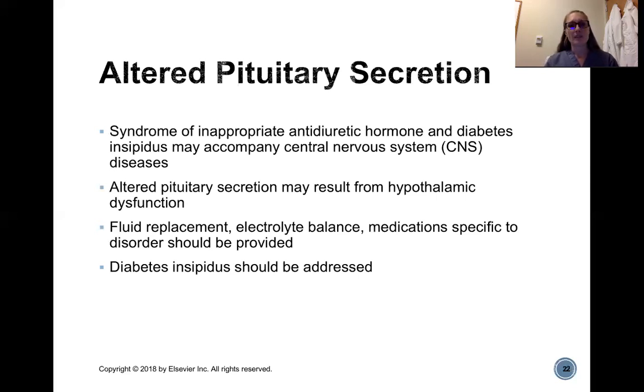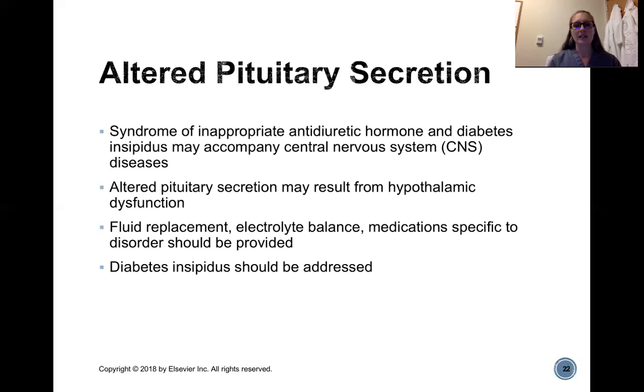What happens with SIADH, if you remember from your med-surg class, is that we end up with decreased urinary output, but we were adequately hydrated and end up having fluid overload, essentially. So this is going to cause an increase in the intracranial pressure.